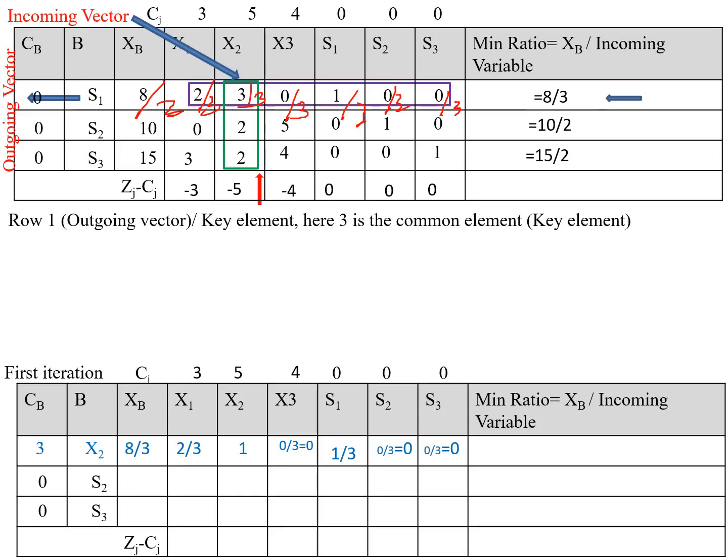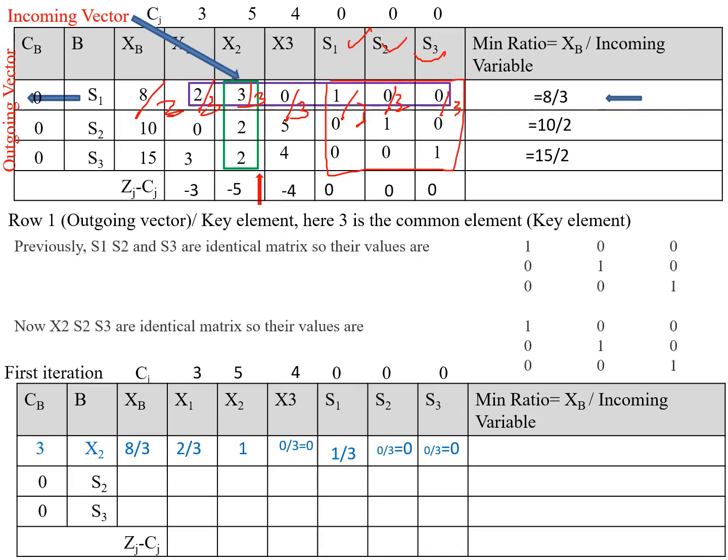0. Next to modify the S1, S2, S3 identity matrix values. Previously S1, S2 and S3 were the identity matrix, so their values are 1, 0, 0, 0, 1, 0, 0, 0, 1. Now X2, S2, S3 are the identity matrix. So their values will become 1, 0, 0, 0, 1, 0, 0, 0, 1. So here I have to modify.